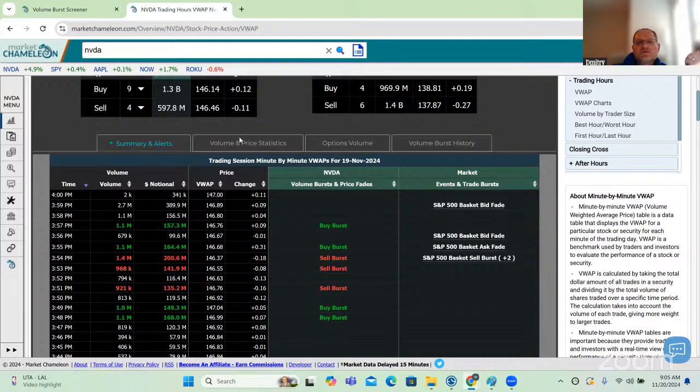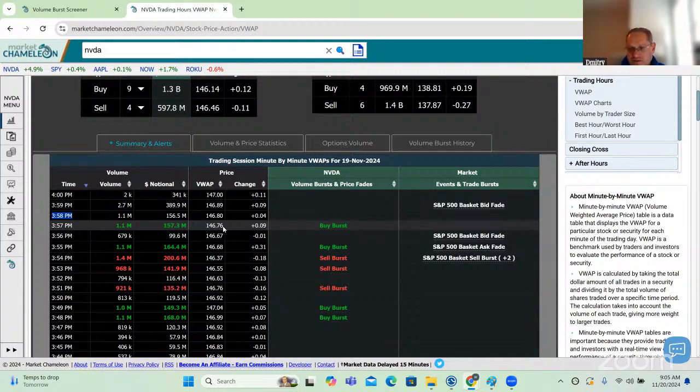Over here, you see for NVIDIA, for each minute. This ends at 4 o'clock. These are regular trading hours. For each minute, we see the volume of the stock, the total volume traded, and the dollar value of all the stock that traded for that minute. We have the VWAP price, which is the volume weighted average price, because in 1 minute you could have different trading prices.